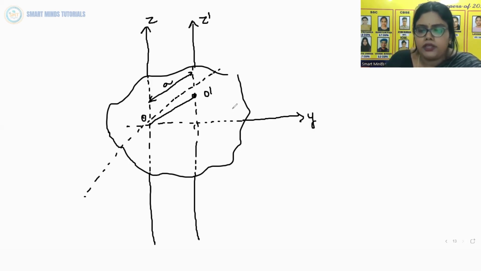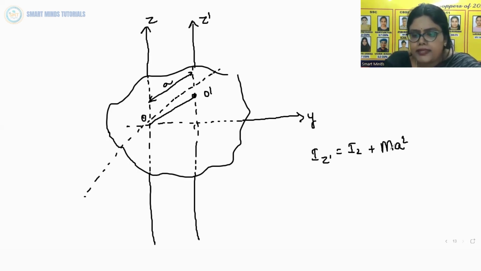According to the theorem of parallel axis, Iz dash is equal to Iz plus Ma square. Here Iz and Iz dash are the moments of inertia of the body about the z and z dash axis respectively, M is the mass of the body and a is the perpendicular distance between the two parallel axes.